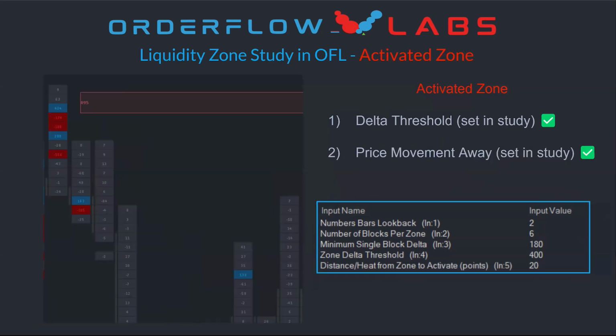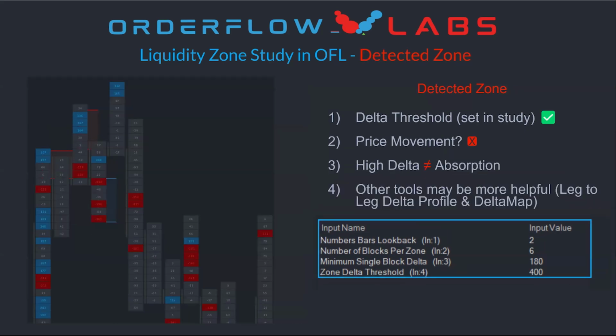It doesn't take into account any push away, but some people like to see that in real time versus waiting for the market to move and then, oh gosh, there was a ton of offer delta there. So that's one way to do it. But as I mentioned, we have other tools that are more helpful within that capacity now. And so again, just reiterating, high delta does not equal absorption, there's more to the story from that standpoint.